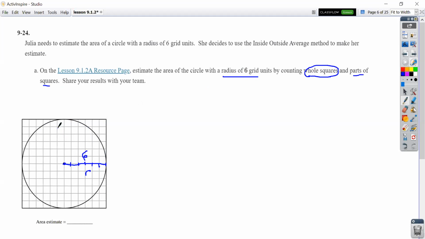Okay, so this is the whole square. It goes by S. Okay, you can count how many little tiny full squares you have inside the circle, and parts. Okay, so this is a part right there. This is the part right here.